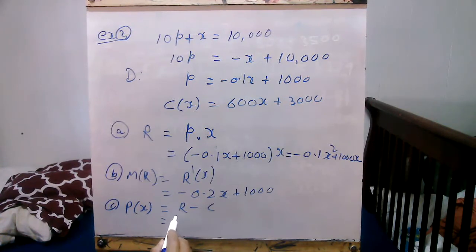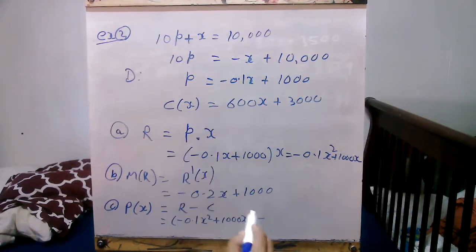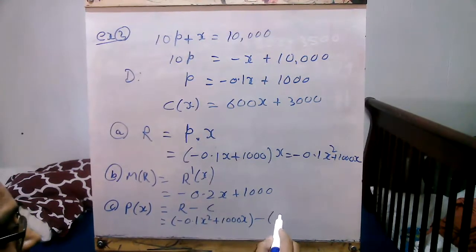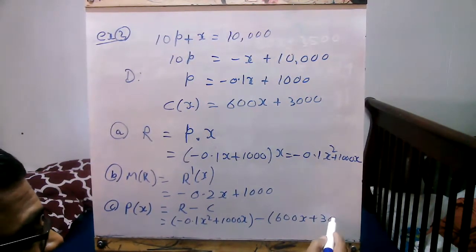Revenue is negative 0.1x squared plus 1000x minus the cost, which is 600x plus 3000.